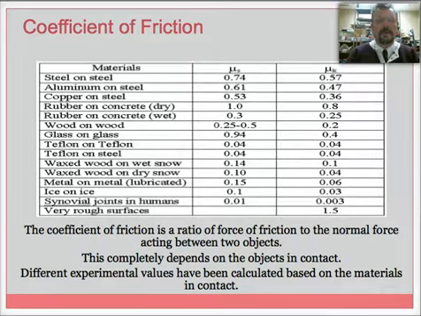If it isn't lubricated, like steel on steel, it's much, much higher, 0.15 to 0.74 for the static coefficient of friction, and 0.06 to 0.57 for the coefficient of kinetic friction.